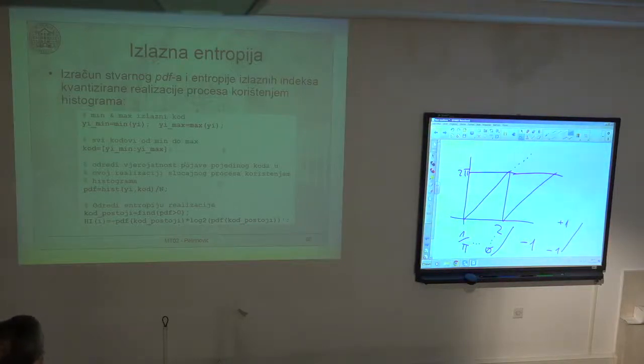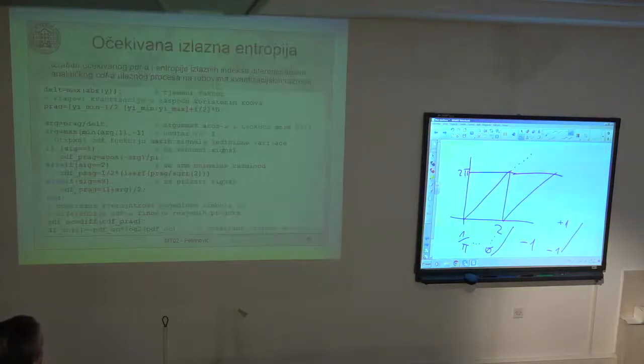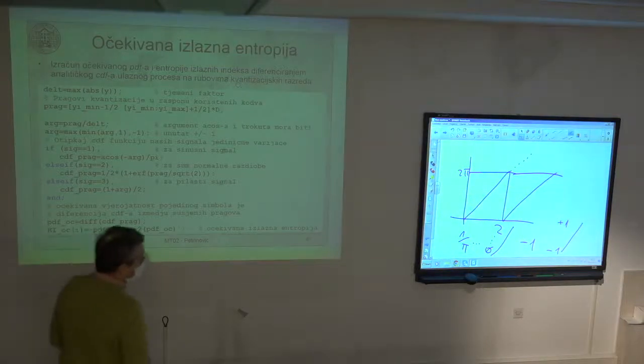Okay, so far we have computed the actual entropy of the output of the AD converter. Finally, we will also compute the expected PDF and the entropy of the output indices by differentiating the analytical CDF of the input process at the edges of the quantization levels.